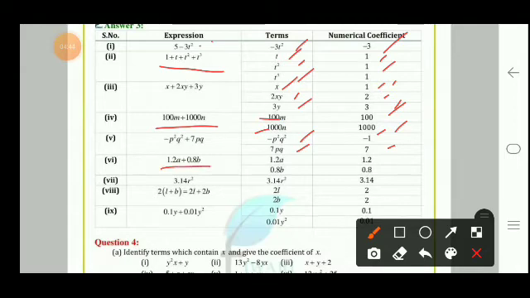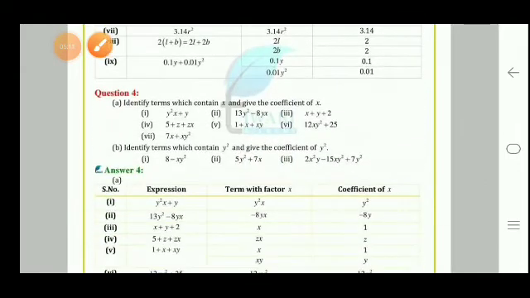Then 1.2ab plus 0.8b, so the coefficients are 1.2 and 0.8. Then 3.14r square, so 3.14 is the numerical coefficient. Twice of L plus B means twice of L plus twice of B, so 2L plus 2B, that is 2 and 2. Then 0.1y and 0.01y square, so 0.1 is the numerical coefficient here and 0.01 is the numerical coefficient here.